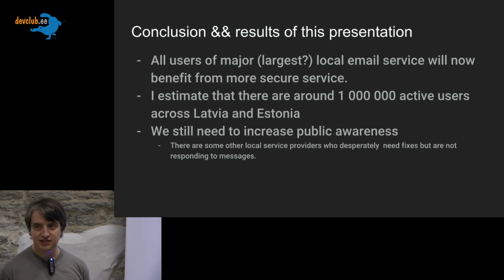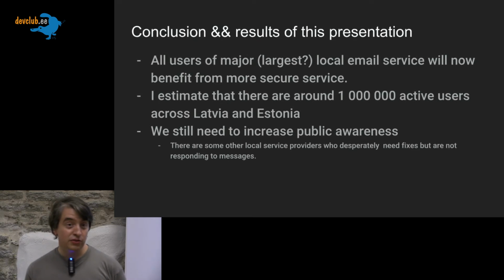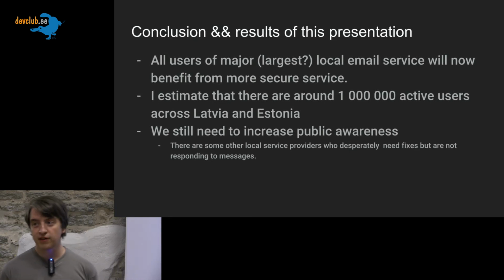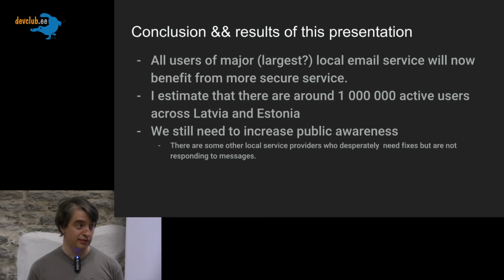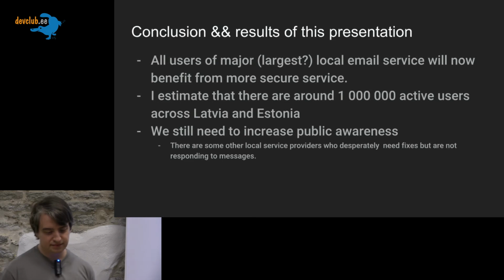That's a nice +1 in karma. And we need to not stop here and increase public awareness, because local providers, small providers, internet providers, and other local mail providers still need to be fixed.